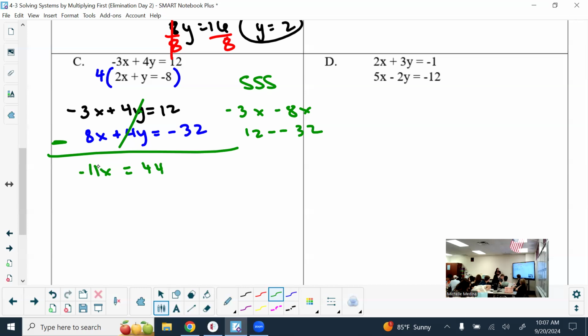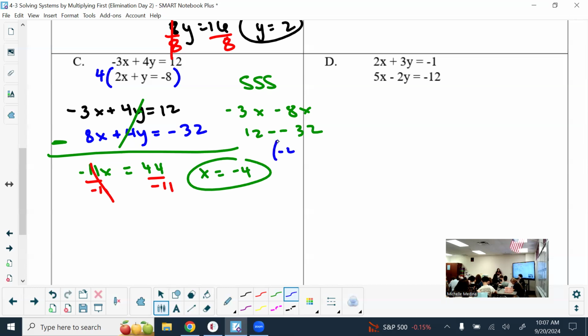Well, table 4, what does x end up being? -4. So x equals -4. So I have this part of my final answer.